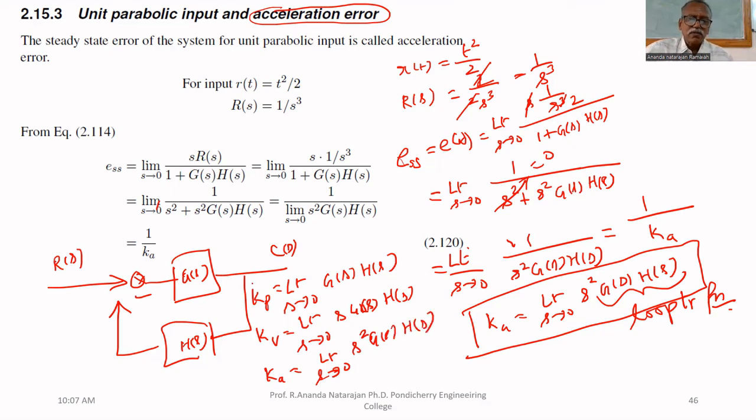So these are the three error constants. Error constants actually define the nature of the system. So I can say I have a system which has a position error constant of this much, 5, a velocity error constant of this much, or an acceleration error constant of this much. So Kp, Kv, Ka are talking about the characteristics of the system.